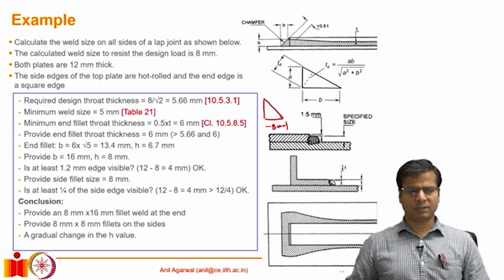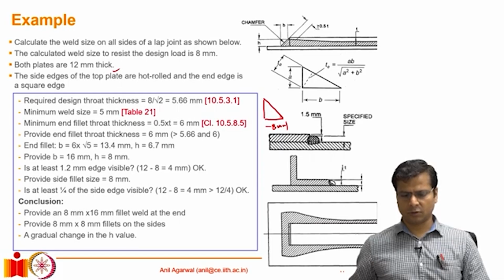So both plates themselves are 12 millimeter thick. The side edges of the top plate are hot rolled, and the end edge is a square edge. So if you look from the top, this edge is a square edge, and these edges are hot rolled curved edges.